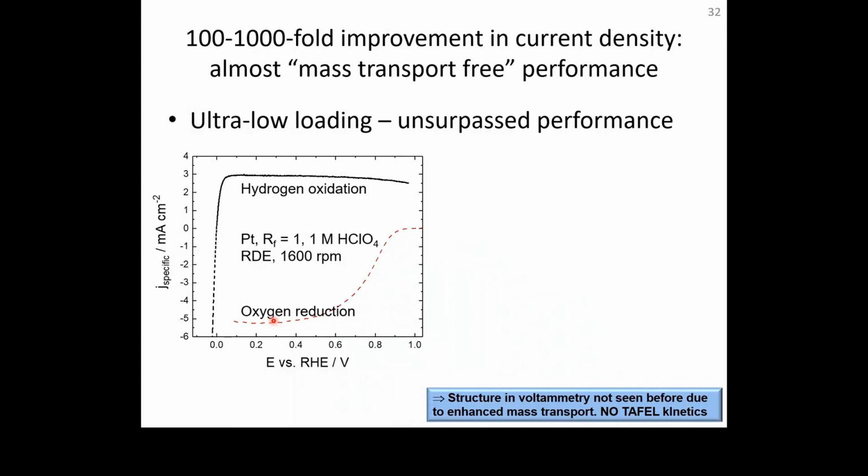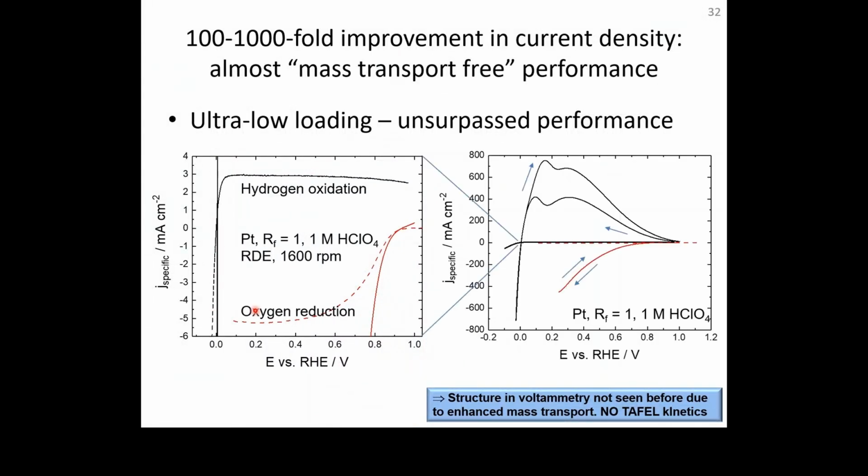just because of mass transport. If you overlay the results we get on our electrodes over this, you see that the oxygen reduction goes shooting off down here. Our hydrogen oxidation goes up very, very fast and goes down very, very, very fast. And in fact, you actually have to zoom out by a factor of 200 in order to see the entire structure.